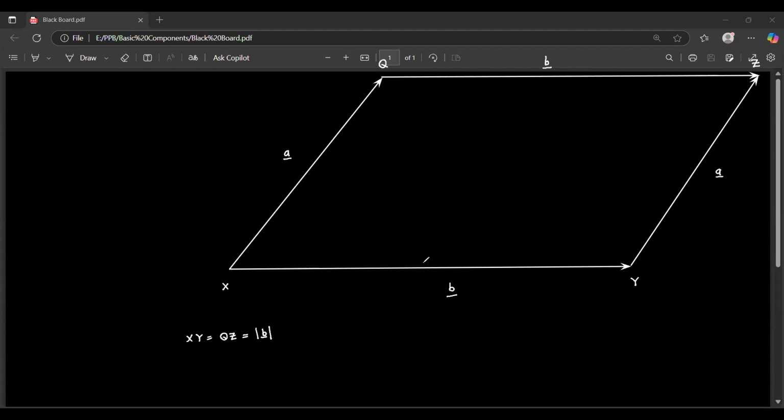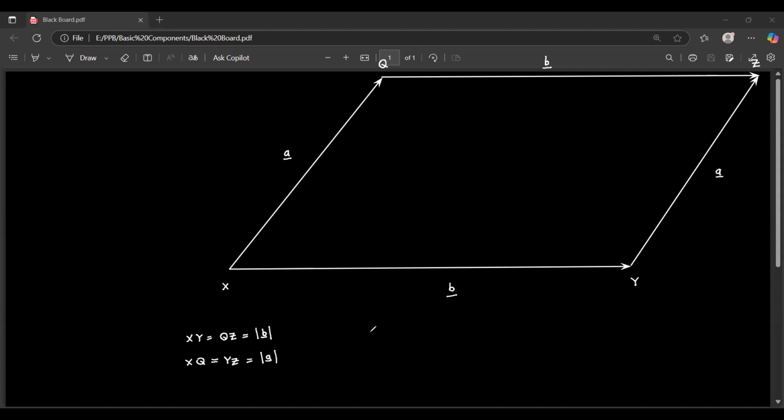Why? Because we know the length of the line is the magnitude of the vector. Similarly, we know XQ is equal to YZ, which is equal to the modulus of A. This is the parallelogram that we have. XYZQ is a parallelogram.